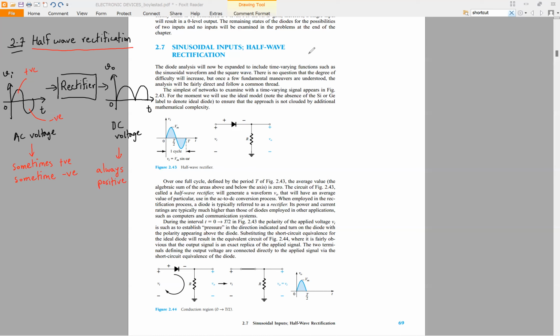So I can write more generally that a rectifier circuit will take AC input and will give DC output. This is the job of a rectifier. In today's class, as I have already told you, we are going to look at half wave rectification.